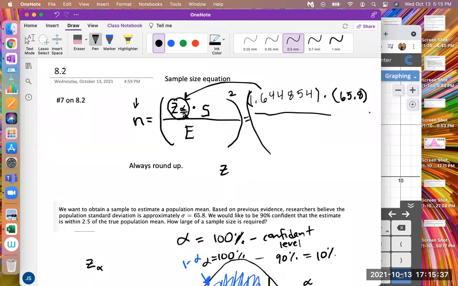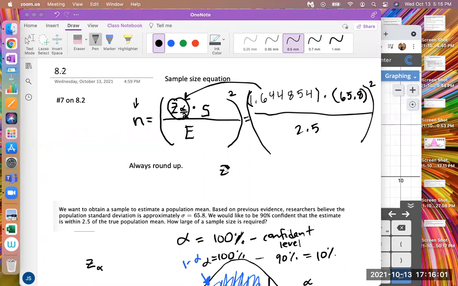And then all divided by the E, that the E is the error, how far off you want to be, the 2.5, and then we would have to square all this. So I might keep this 1.645 in my calculator so I have all the decimals accuracy. Then I'm going to times by 65.8 and then divide by 2.5, and then I'm going to square my final answer. And then I'm going to round whatever answer I get up, always up. This is not traditional rounding, it's always up.